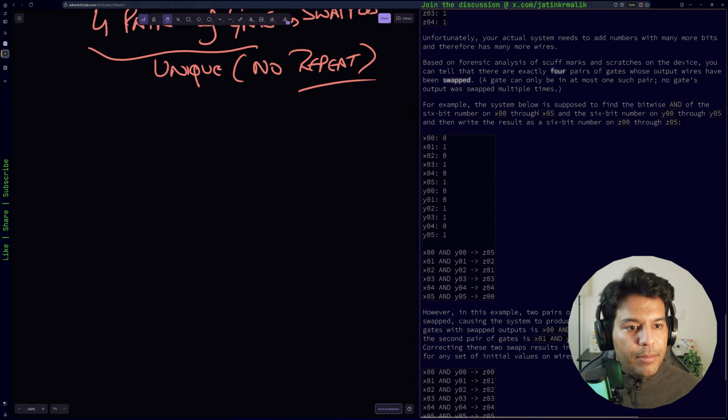Let's read that. For example, the system below is supposed to find the bitwise AND of 6-bit numbers x00 to x05 and 6-bit numbers y00 to y05, and then write the result as a 6-bit number on z00 through z05.